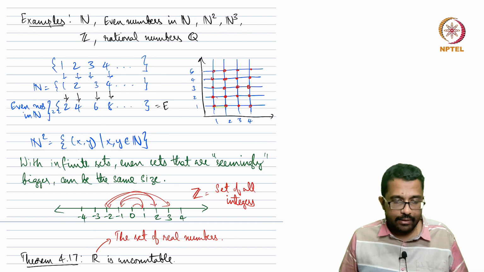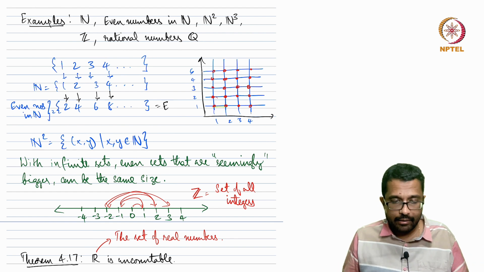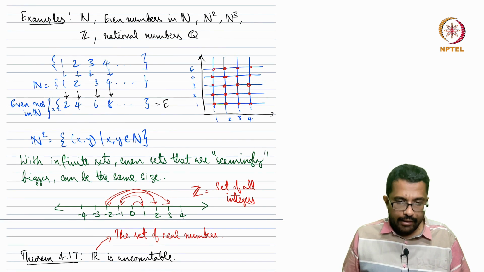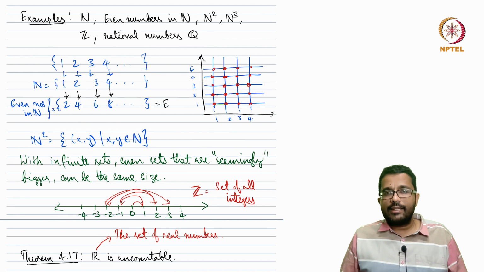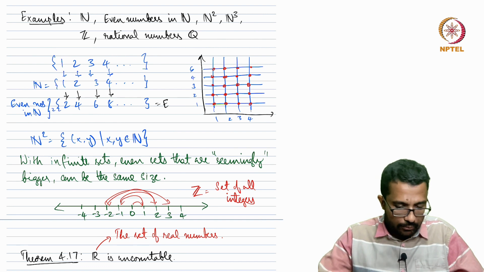So natural numbers are countable, even numbers in n are countable even though it's seemingly smaller, n squared is countable even though it's seemingly bigger, the set of all integers is countable, the set of all rational numbers is countable.